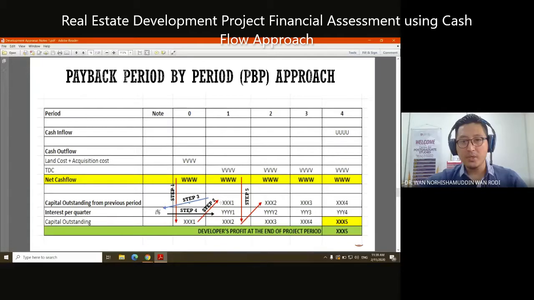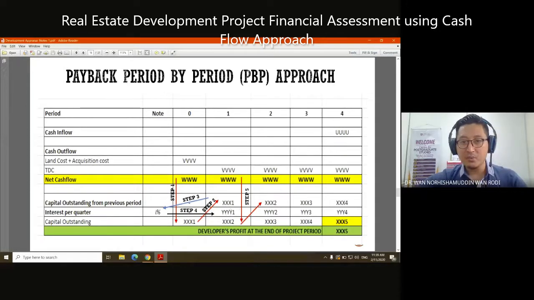Then you have to multiply the capital outstanding from previous period with the interest. Let's say the interest per quarter is 2.41%. You multiply the principal amount in the capital outstanding from previous period with the interest per quarter, and then you will get the amount of interest per quarter.